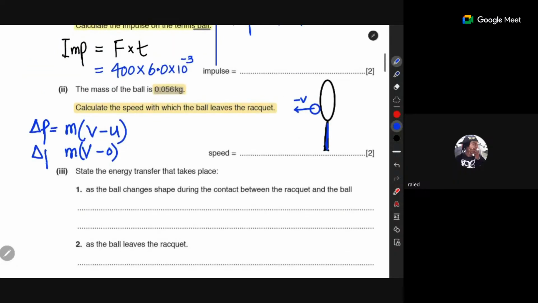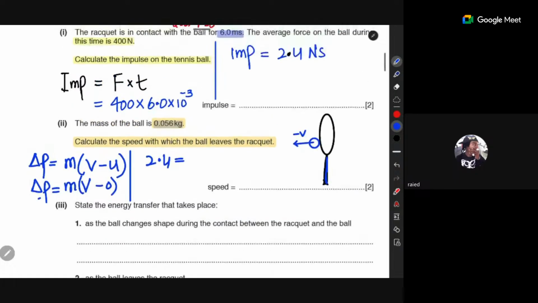The impulse after calculation is 2.4, and the mass is given as 0.056, and v is to be calculated. So what will be v?